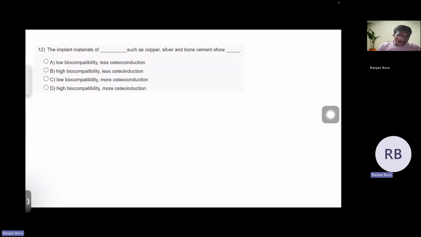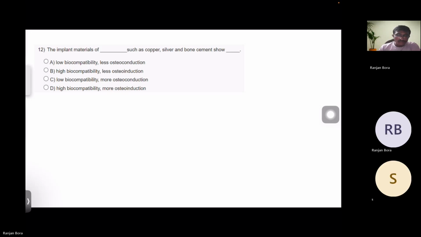Next question is, the implant materials of tests such as copper, silver, and bone cement. So these materials, copper, silver, and bone cement, are of low biocompatibility and they show less osteoconduction.